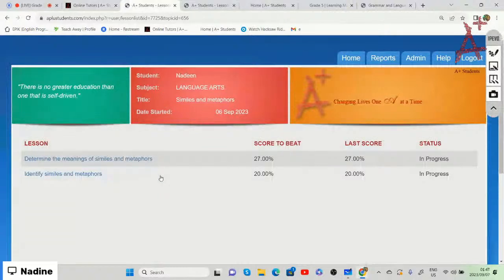All right, so that is now the end of our lesson on similes and metaphors.